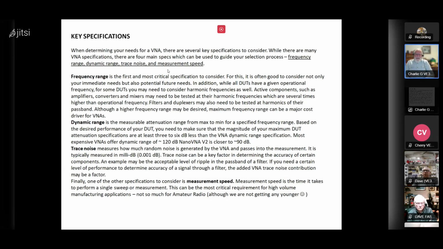So 1 milli-dB is minus 30 dB. I mean, why you would attempt to create a new measurement value, I have absolutely no idea. However, at the end of the day, these devices typically will measure trace noise in milli-dB.